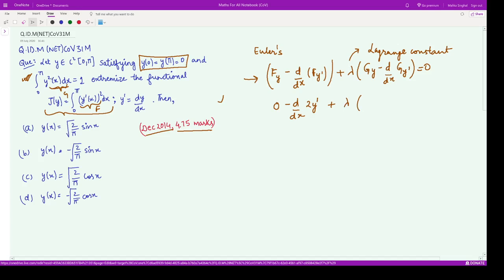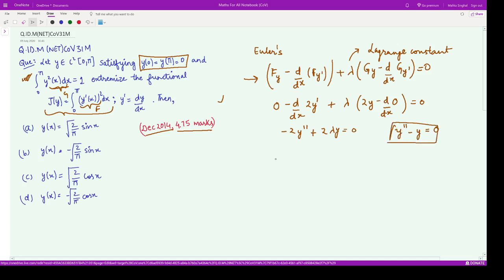Our g is y^2, so g_y would be 2y, minus d/dx of g_y' which would be 0 because it is independent of y', so it is equivalent to 0. So here we have minus 2y'' plus 2 lambda y is equivalent to 0, or we can write y'' plus lambda y is equivalent to 0. So let us solve this equation. We have solved this many times.